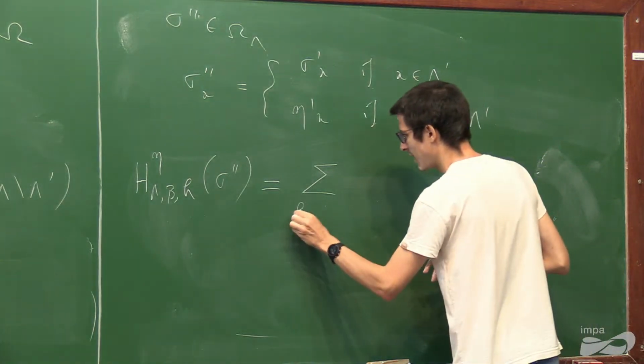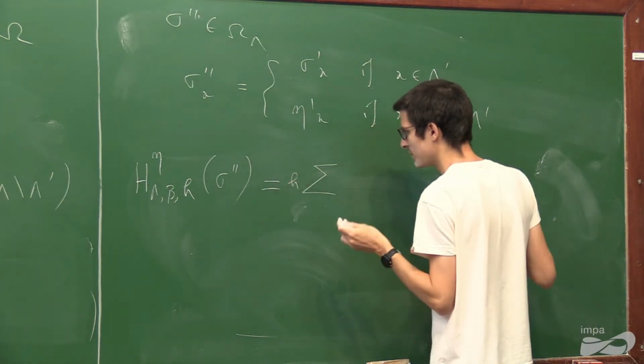This is equal to the sum over h. I will start with the magnetic field because it's the easy part.